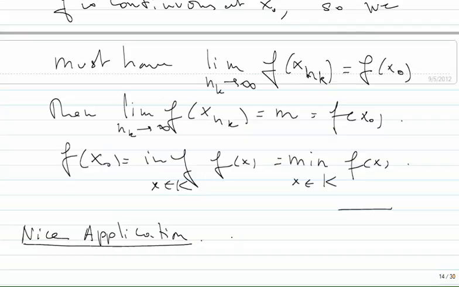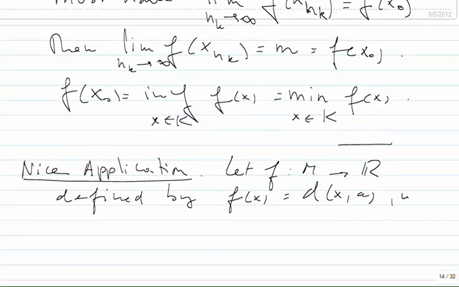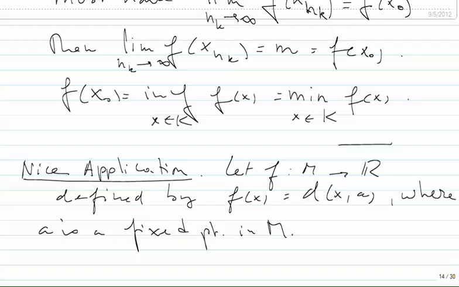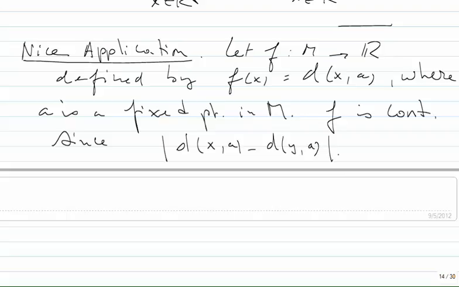Let f go from M into R, defined by f of x equal the distance from x to a, where a is a fixed point in M. Okay, it's very easy to see that f is continuous, since we have the absolute value of the distance from x to a minus the distance from y to a is less than or equal to the distance from x to y.